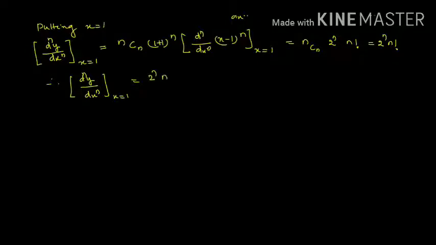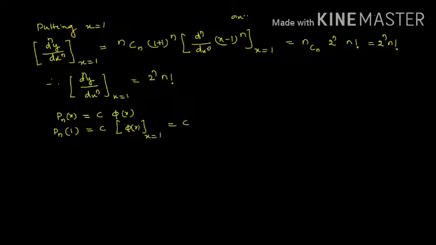Now Pn of x is equal to c into phi of x. So when x equal to 1, that is Pn of 1, that is c into phi of x at x equal to 1.